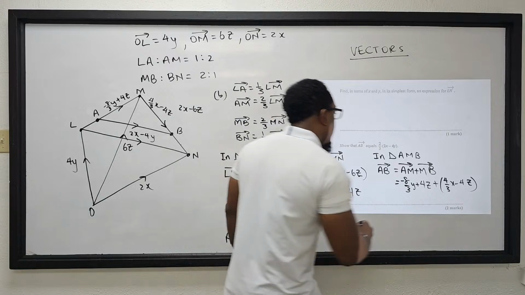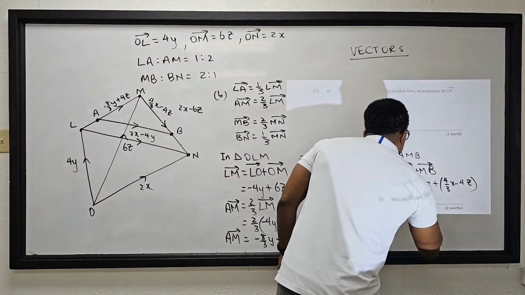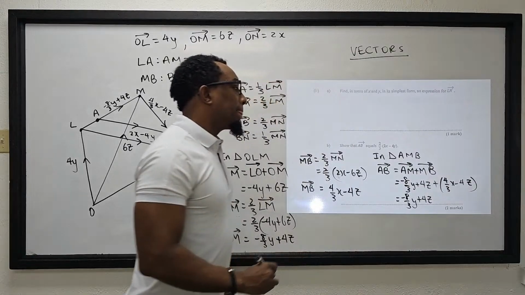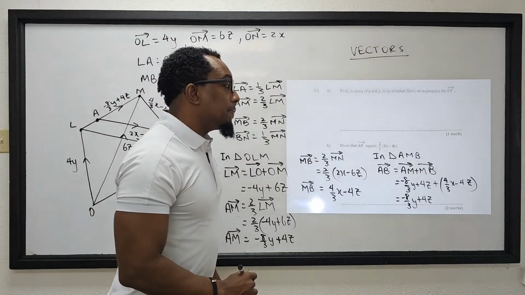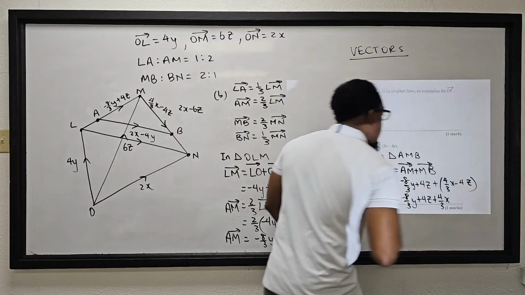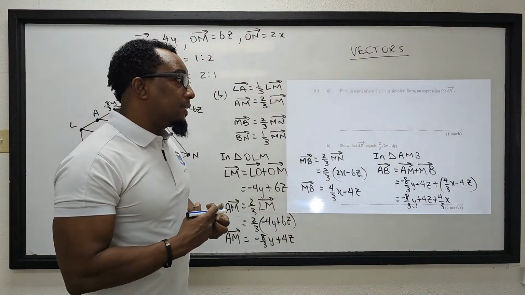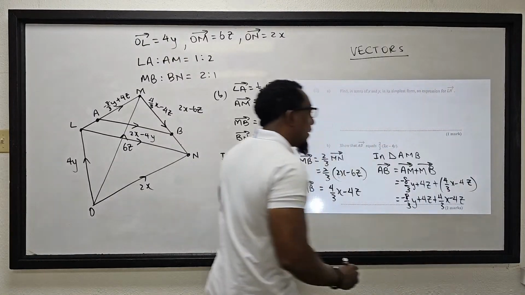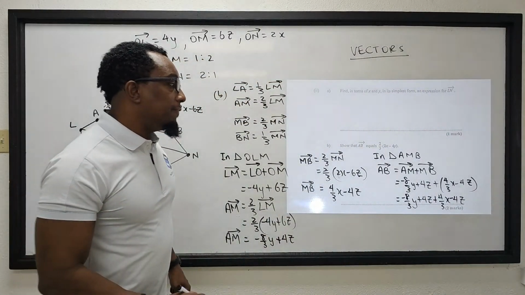So this becomes negative 8 over 3y plus 4z. Let's remove the brackets. Plus by 4 over 3x is plus 4 over 3x, and plus by negative 4z is negative 4z. Now let's simplify.